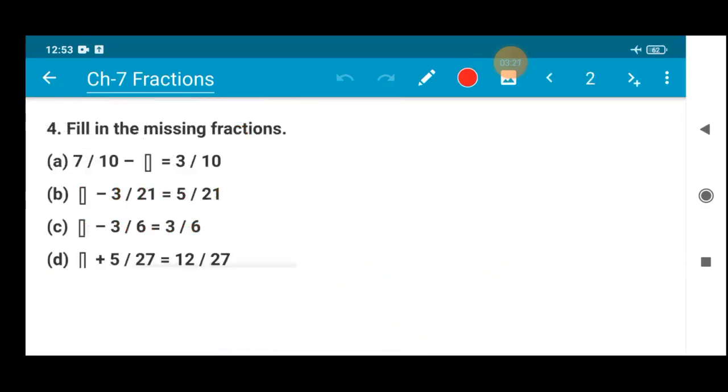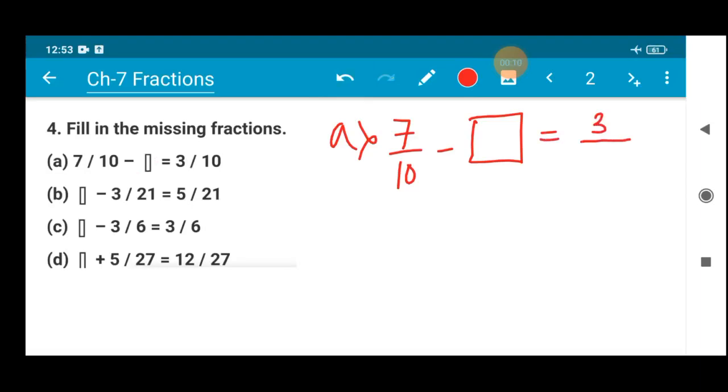The next question is question number 4. Question number 4 is fill the missing fraction. So the question number A, 7 by 10 minus the missing fraction, means this box here, is equal to 3 by 10. Now subtracting what number you are going to get 3 by 10. So of course the denominator should be the same.